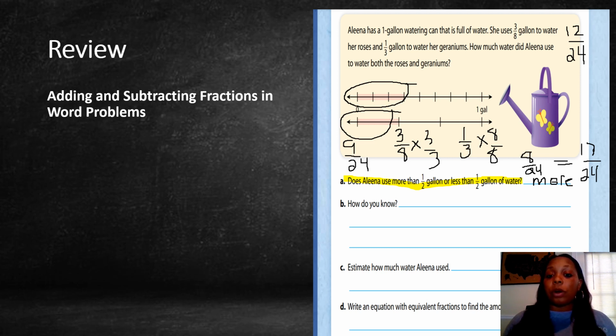Well, like I said before, when we looked at this fraction, 1/3, and we looked at 3/8, if we were to add these two together, it looks like it's a little bit more than 1/2. So you could put your estimate there. And then it says, write an equation with equivalent fractions to find the amount of water Alina used. And up here we did that, so that's what you could put there.